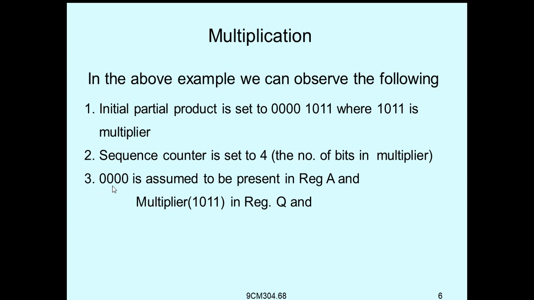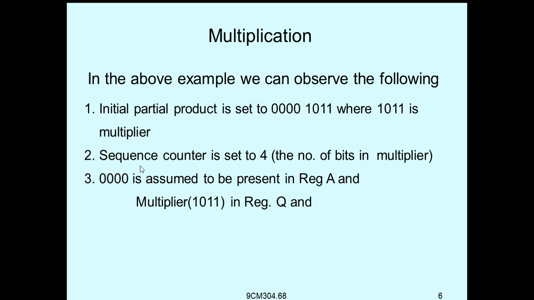And 0000 is assumed to be present in register A. It means that A and then B, after the operation is over, the result will be again placed into register A itself. For that reason, I told this.